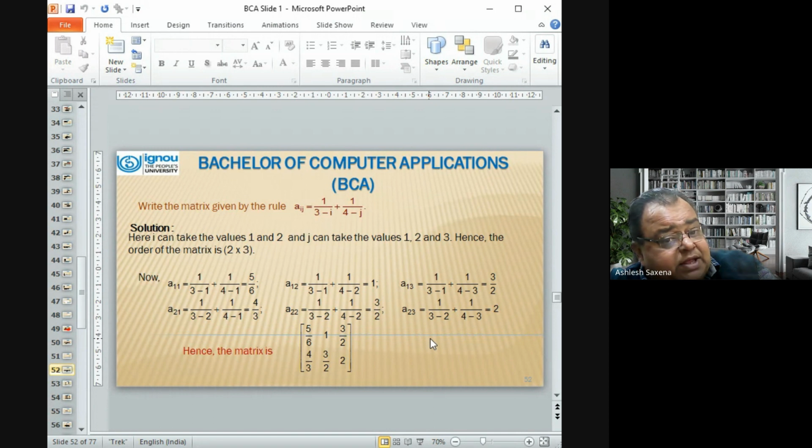I can take the possible values 1 and 2, and for j I have to take 1, 2, 3, because we have to form a 2 by 3 matrix. It will have 6 elements, with 2 rows and 3 columns.